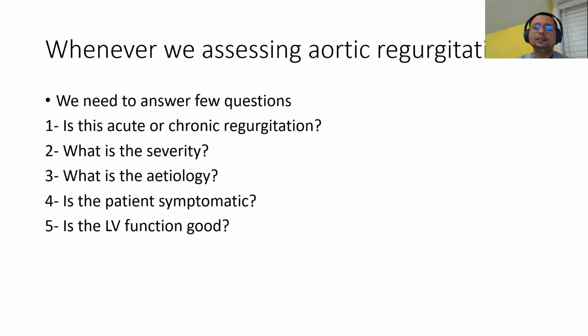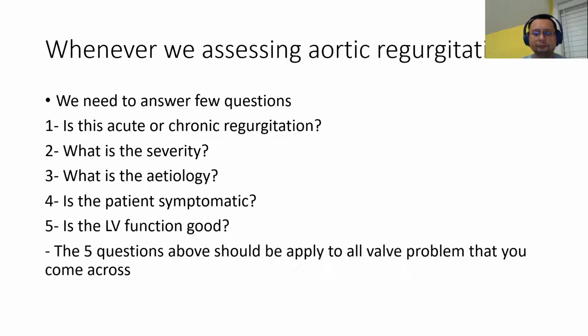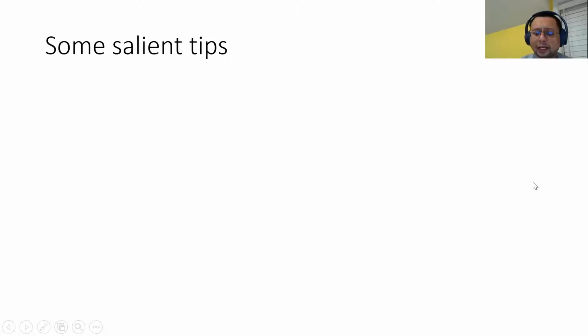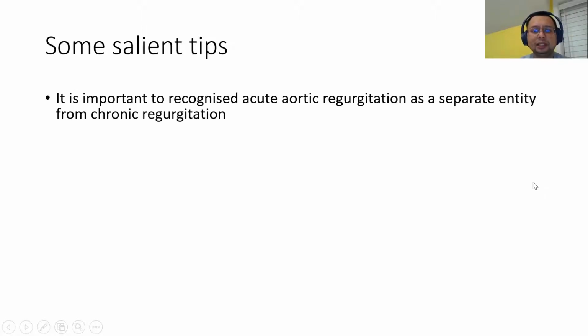Another reason we send the patient to surgery is if they have severe aortic regurgitation, even though they're asymptomatic, but their LV function has decompensated. So these are the few scenarios why we need to send a patient for surgery. And usually these five questions are applied to all valve problems that you come across. I'll give you some salient tips first.